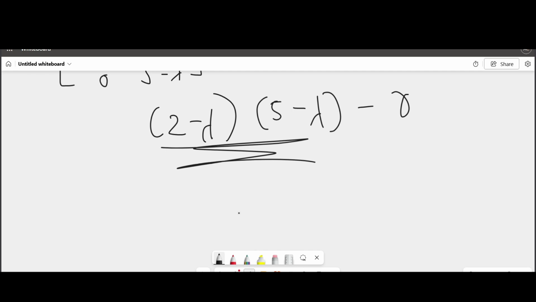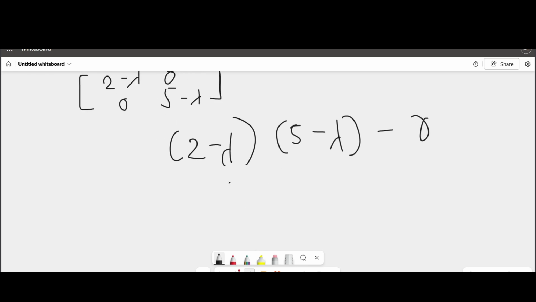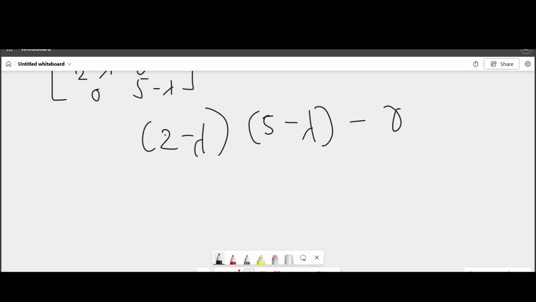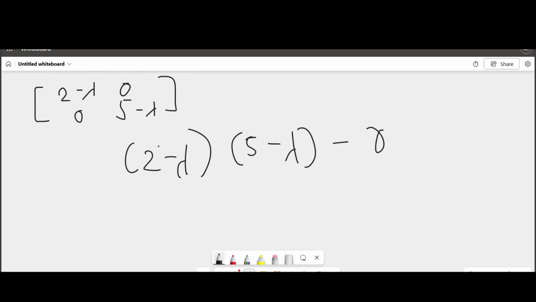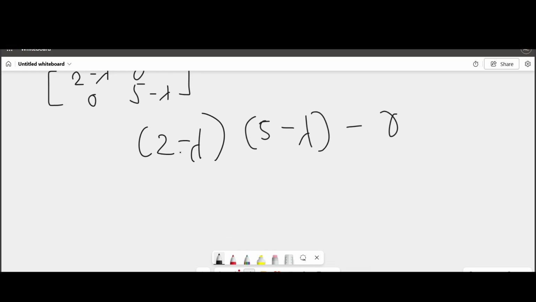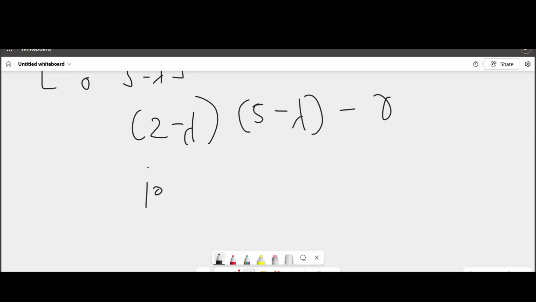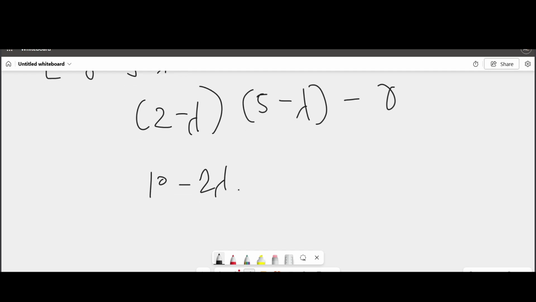Sorry, we have to use the FOIL method on these two parentheses. So 2 times 5 is 10. Then 2 times negative lambda is negative 2 lambda.